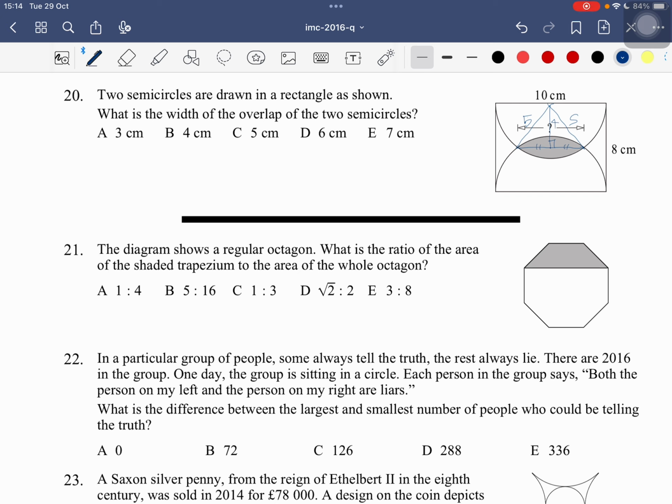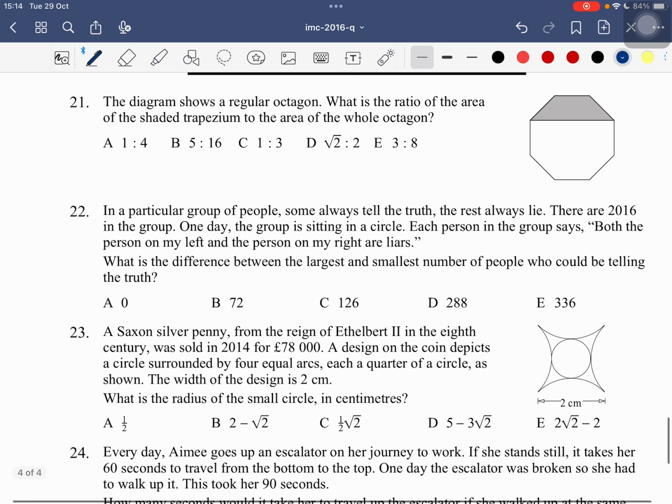So from the Pythagorean theorem, we can tell this should be 3, and this also is 3. So the width of the overlapped region is 6.